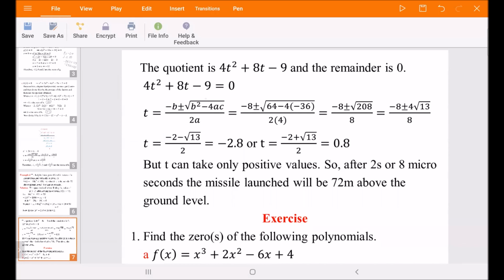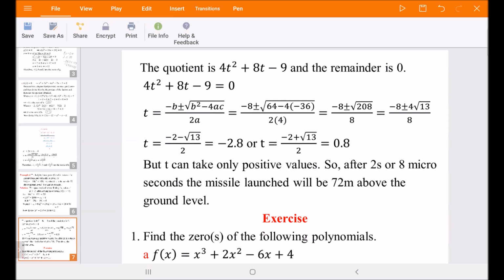After approximating this number, minus 2 minus root 13 over 2, to the nearest one decimal place, you obtain negative 2.8. The other irrational number, minus 2 plus root 13 over 2, when approximated to the nearest 1 dp, gives 0.8. But because t is time in seconds, we are not going to consider negative 2.8.